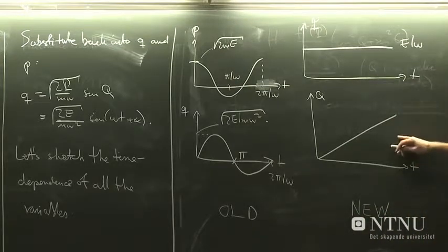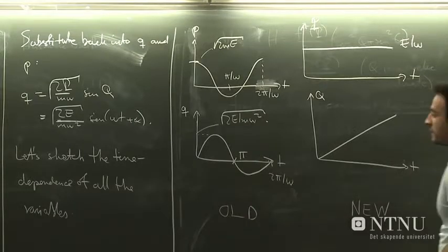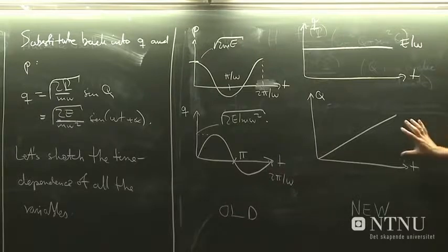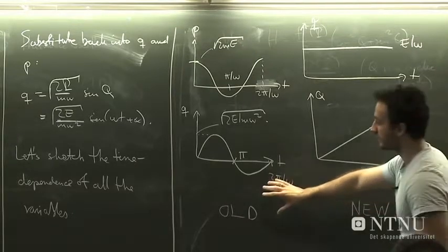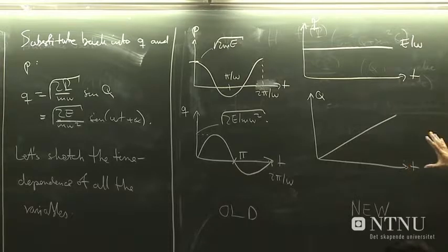And the position is just a linearly increasing function of time. So even though these two sets of coordinates, the new set and the old set, have very different behavior in terms of their time dependence, they describe exactly the same physics.